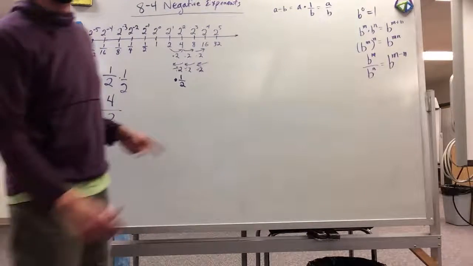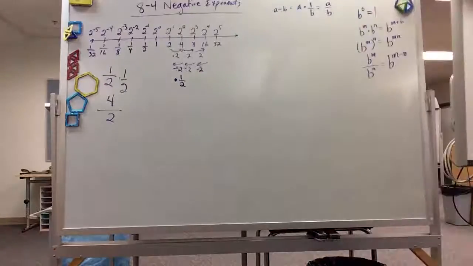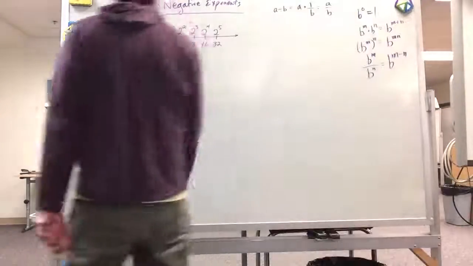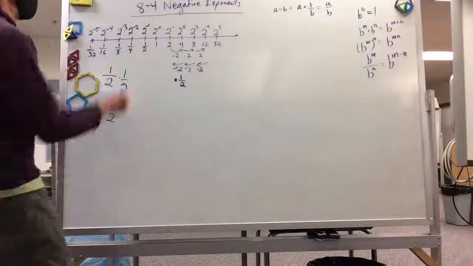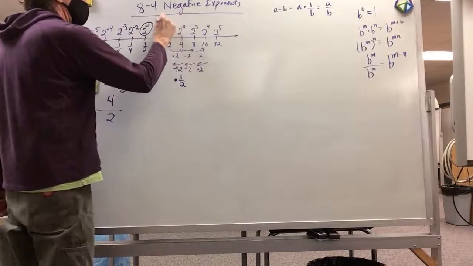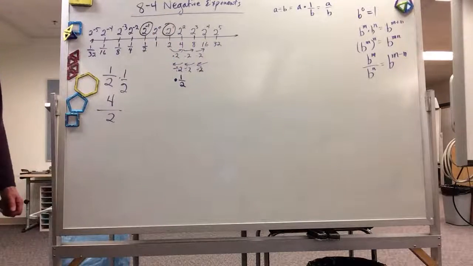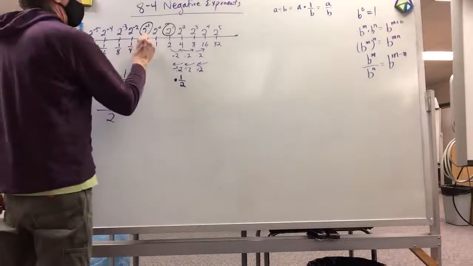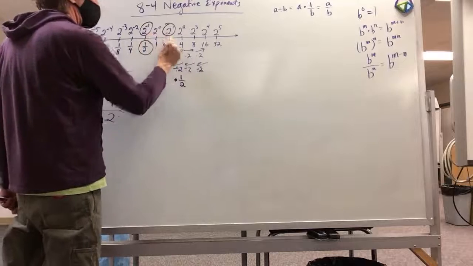So why I do this is to show you the relationships here. For example, take 2 to the negative first and 2 to the positive first: 1/2 and 2.